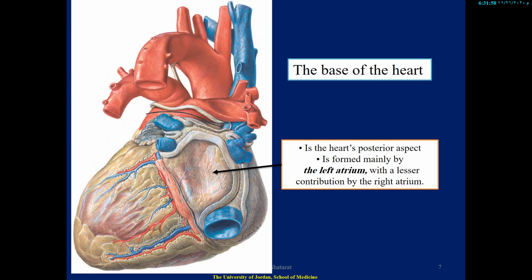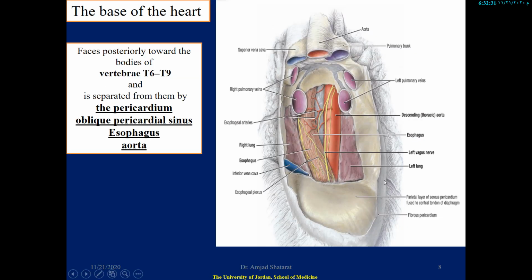Now the next slide, we should talk about the base of the heart. The base of the heart is the posterior aspect of the heart, and it faces the thoracic vertebrae, and it is mainly formed by the left atrium, with little contribution from the right atrium.